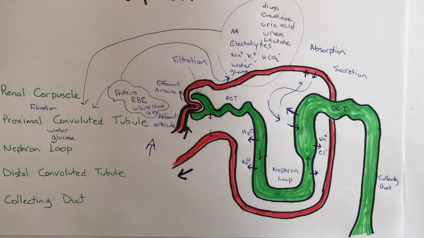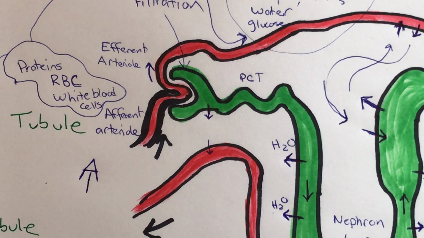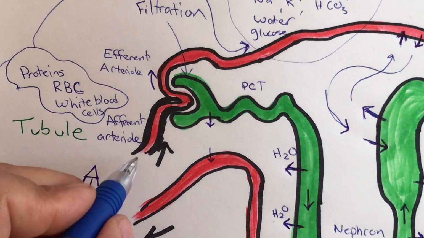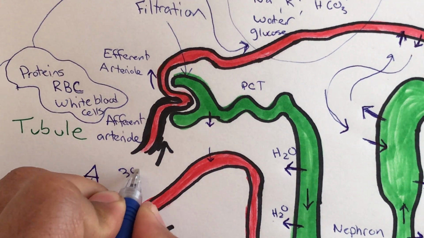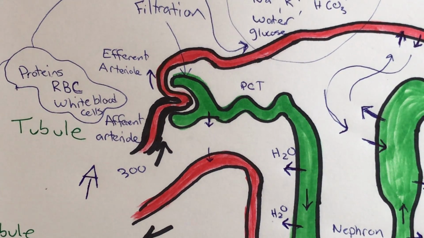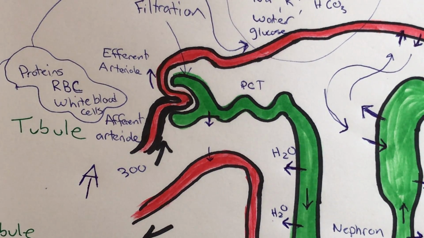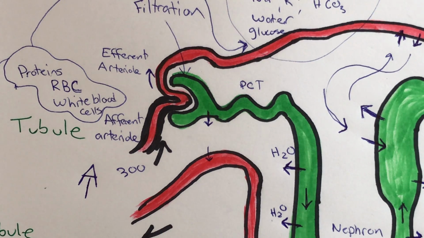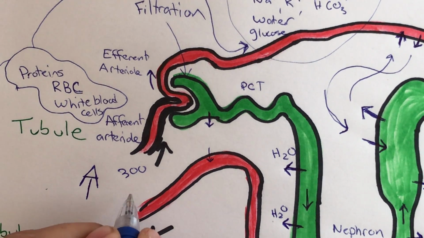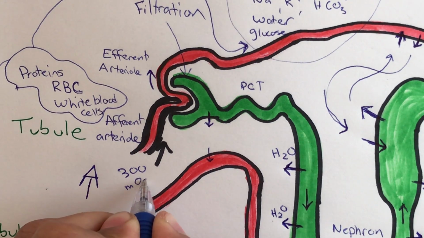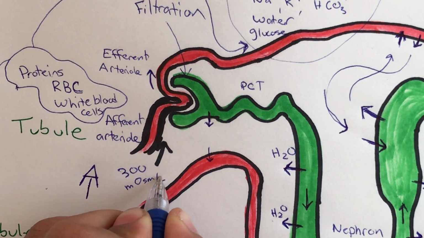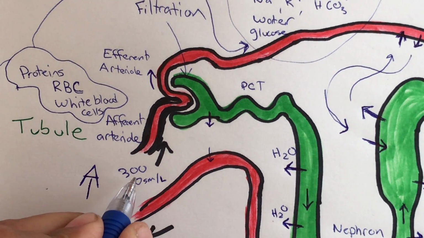Why is that important? Well, the concentration of the blood is 300 milliosmoles per liter. This is the osmotic concentration of the blood.